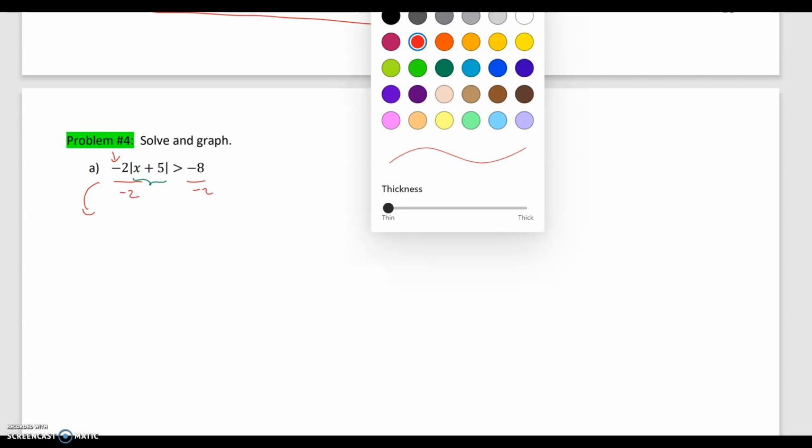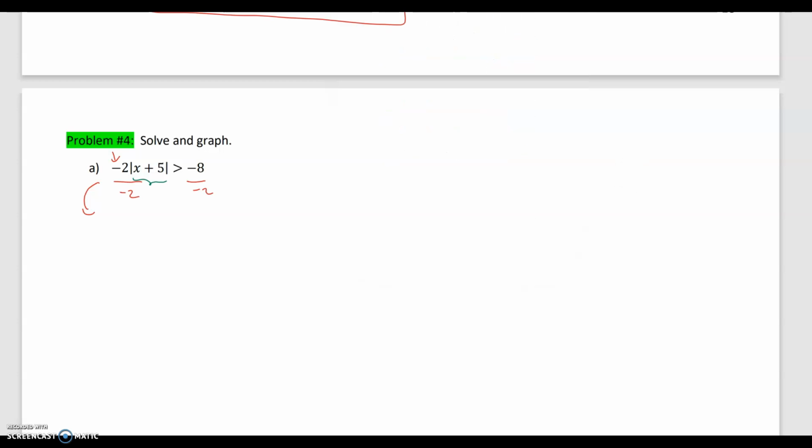Remember that this causes a switching of the inequality. At this point, we have absolute value of x plus 5. The original statement was greater, now it's going to be less than, and in this case, this will be 4. At this point, we've isolated the absolute value, and then we can break it down and solve it.